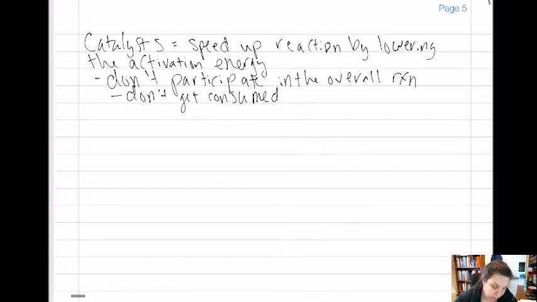So if you have a species that is consumed, it cannot be a catalyst. So anything within the reaction itself is not considered a catalyst. And it lowers our activation energy by giving our reaction an alternate path to take. So it changes the reaction mechanism.